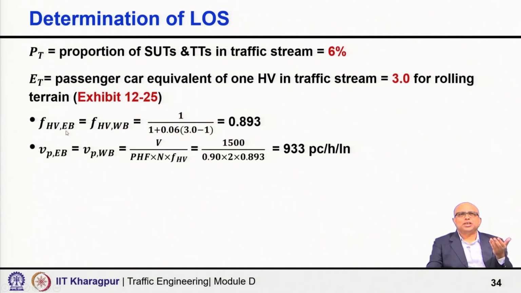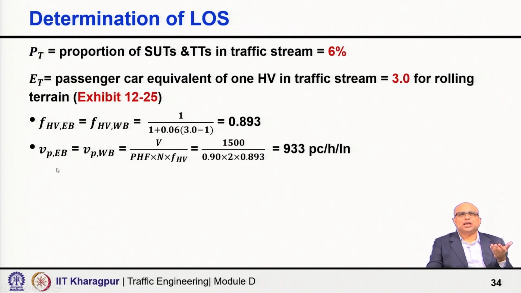Applying this, we again calculate the FHV for eastbound, and here in this case the free flow speed is not coming into the picture. The correction for heavy vehicles for westbound would be the same, and that value is 0.893.